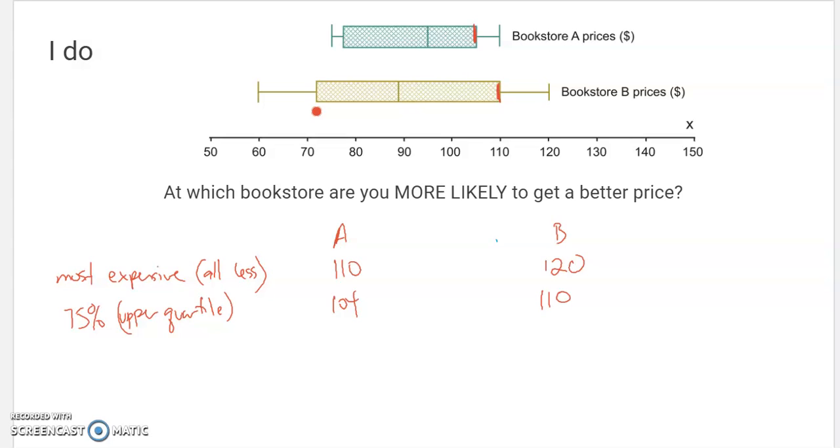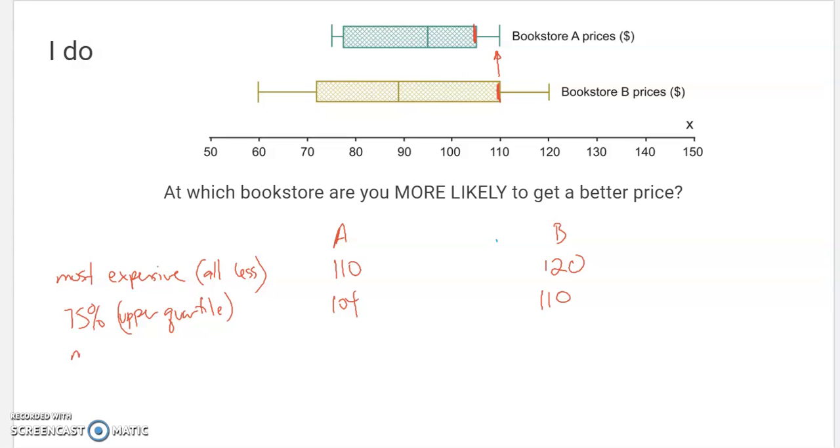At store B, 1/4 of the books cost $110. That's a lot. Only one book at store A costs $110. So that's like 25% of the books at store B are as much as the most expensive book at store A. So I'm really starting to see that line up. So right now, at least what I've seen so far, store B is feeling a lot more expensive.